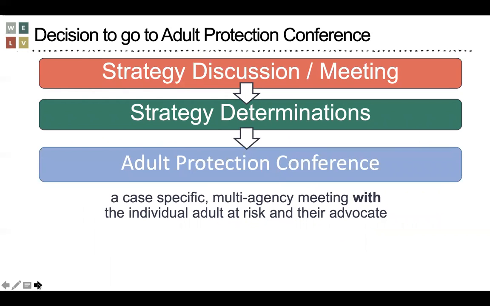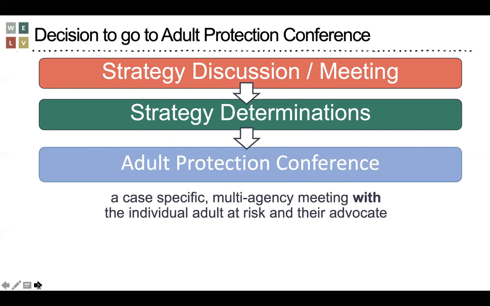If the decision is reached that an adult protection conference is required in order to continue the support and the protection around that individual, the conference will be seen as a case-specific multi-agency meeting.